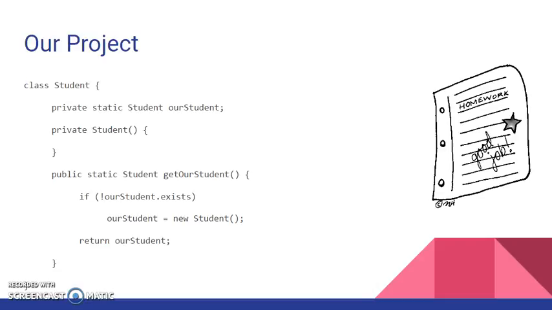That way, if there is no student to begin with, then it creates a new student, and then it'll return that one instance. So every modification made will affect just the one instance and will be global in essence.